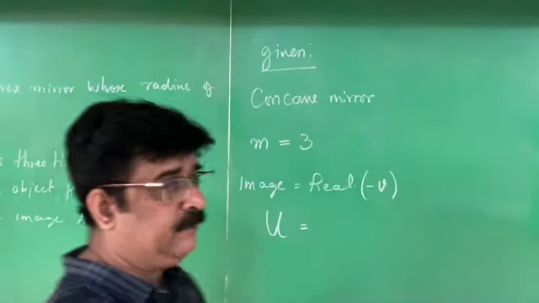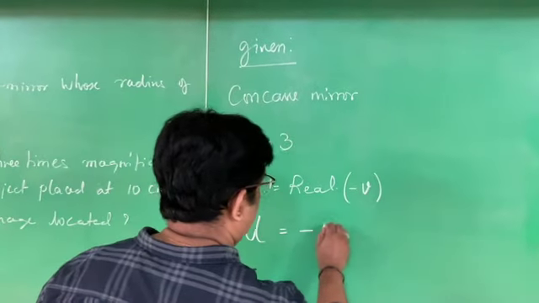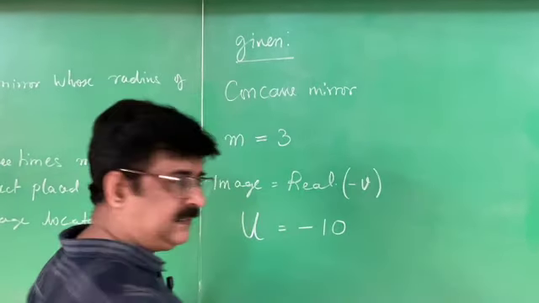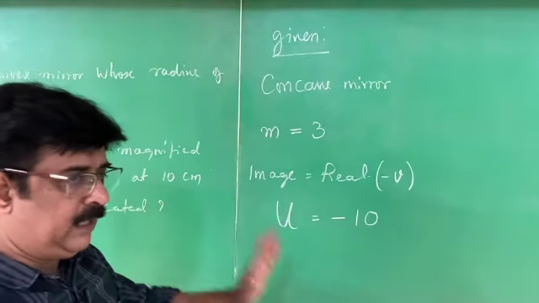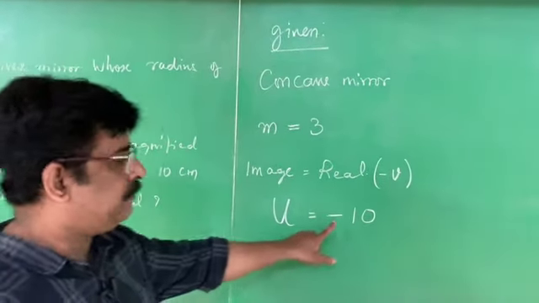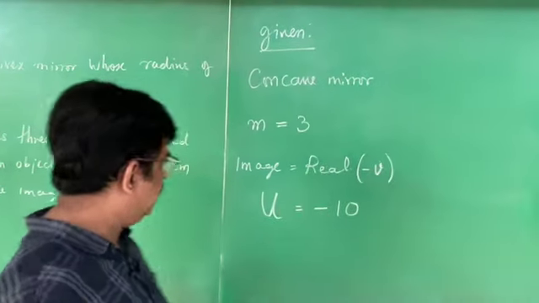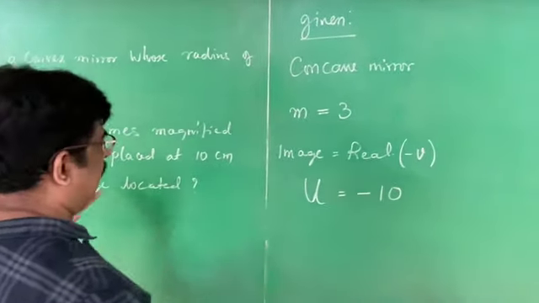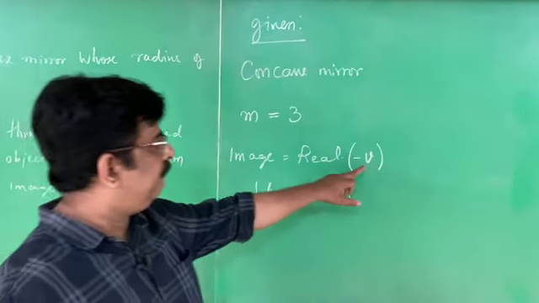But the object is always taken as negative, so U is equal to minus 10. The object is always kept on the left side. The real image is also coming on the left side, therefore minus. And where is the image located? We have to find the value of V.